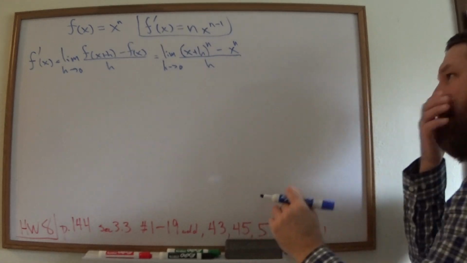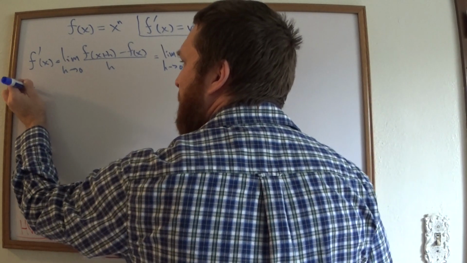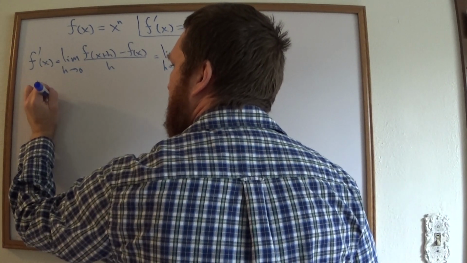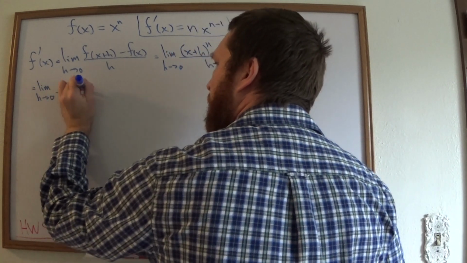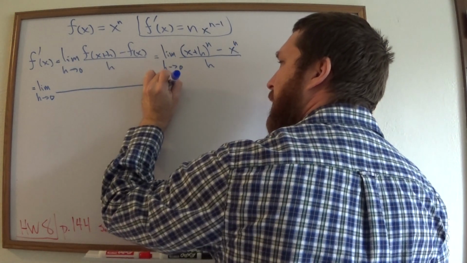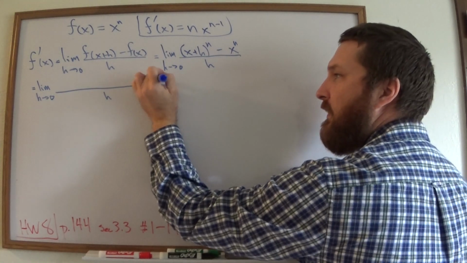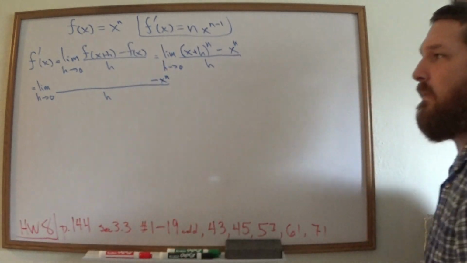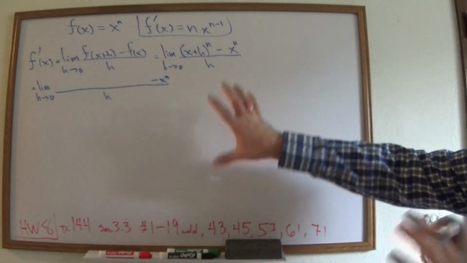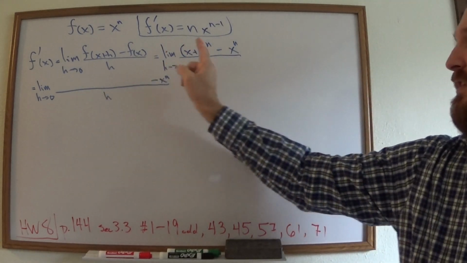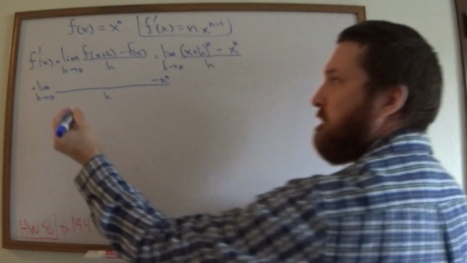And when I write that out, I'm not going to worry too much about calculating it right now. Let's see why in a second. So, here we go. Something big, all over h. That minus x to the n is going to be right here. I hope I gave myself enough room. So we know that the first thing is going to be x to the n.